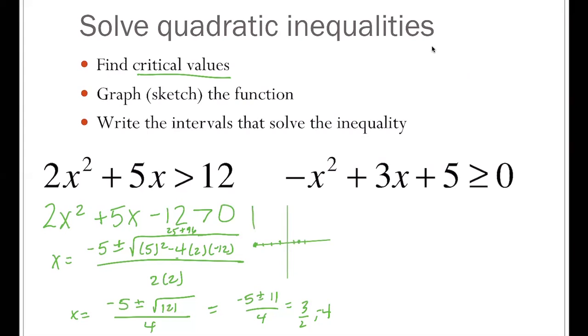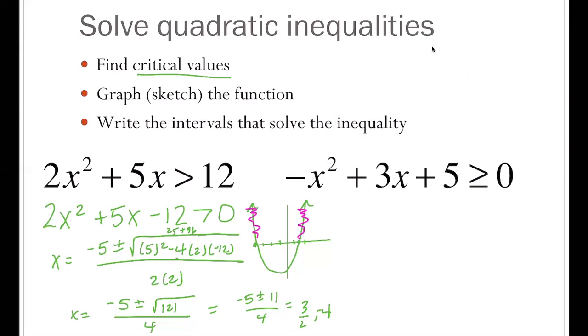Now it opens up, so it should look something like this. It's not a great graph. I don't know exactly where the vertex is, but as long as you have the general sketch, you'll be okay. Now, this time we want to know where this quadratic is greater than the x-axis, it's greater than 0. So this time we have two different intervals in which it's greater than 0. So in this case, again, remember we're using x values.